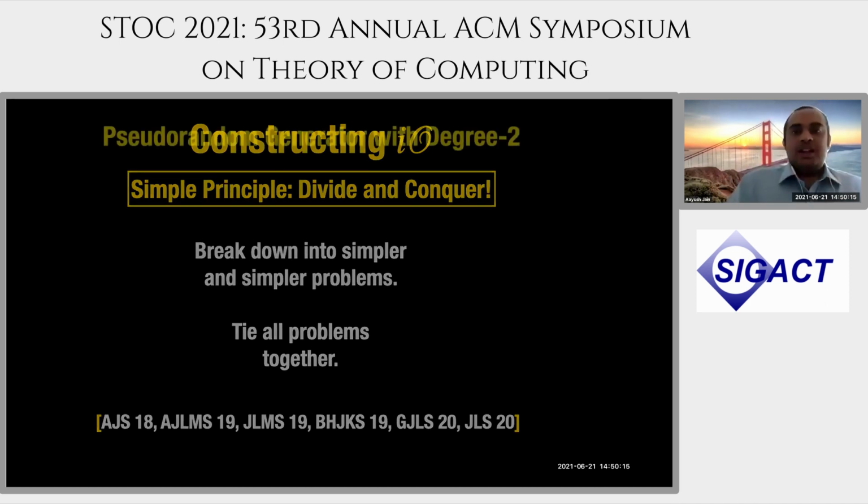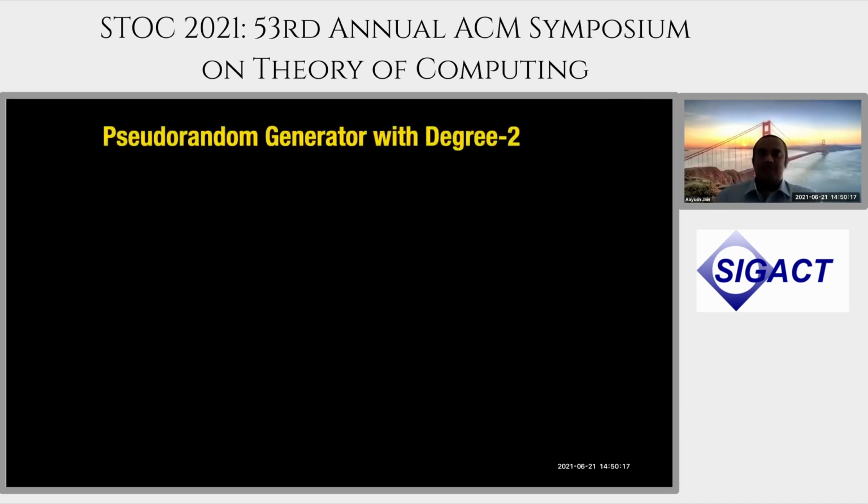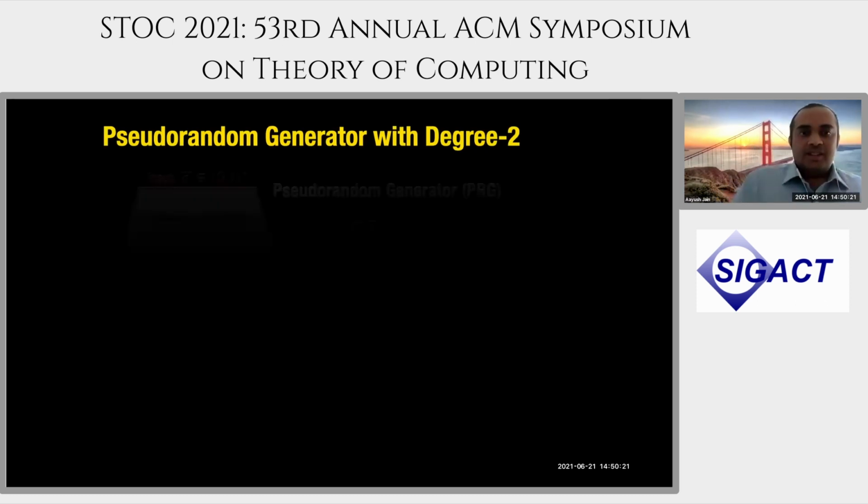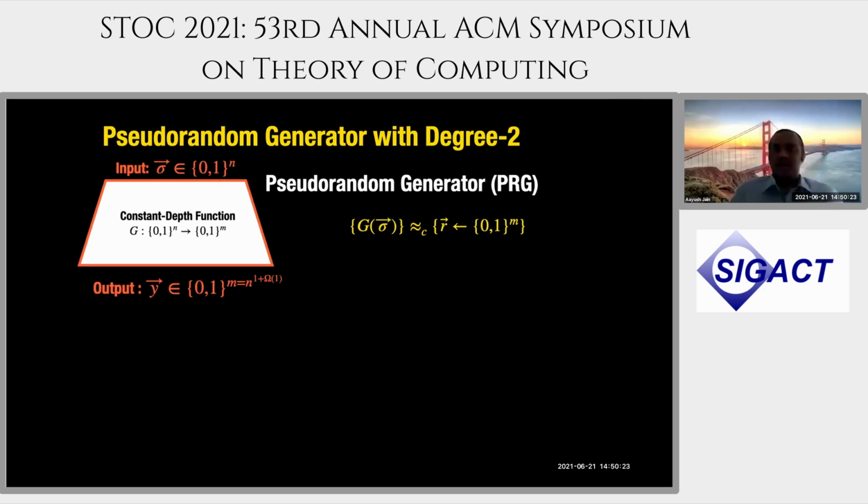Let me now recall this notion of pseudo-random generator. I'm sure you have seen it in some shape in different contexts. So what are pseudo-random generators? Well, they're extremely simple Boolean functions. By simple, ideally, they are constant depth Boolean functions, so NC0 functions, right? They take n bits of input for some n, and they output m bits, where m is some polynomial in n, so really expanding.